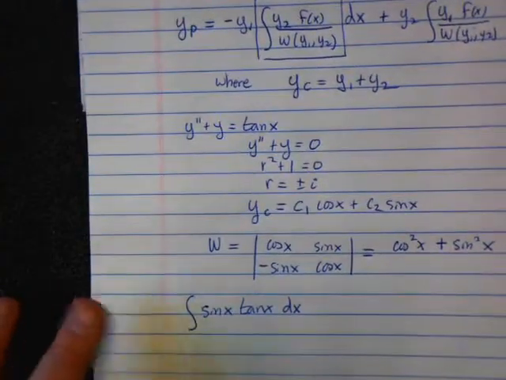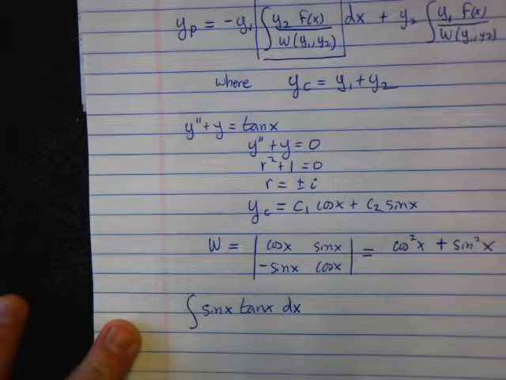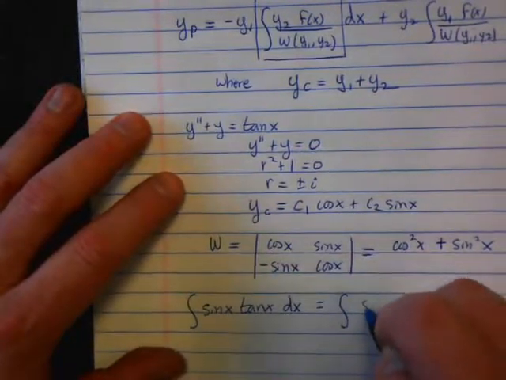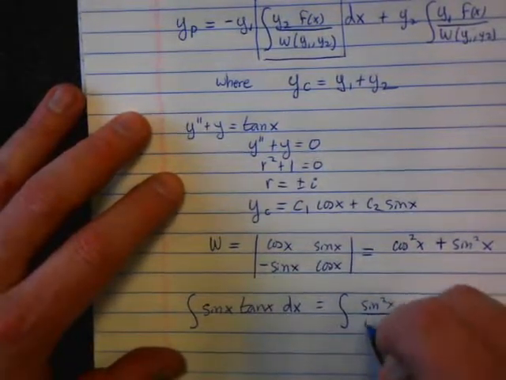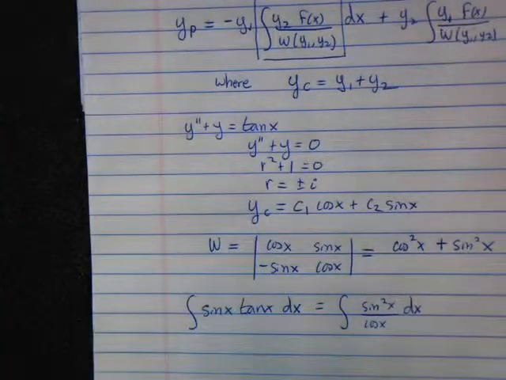Can you make it sine squared over cosine and then use u substitution? Yes, we can. I completely agree that that is sine squared x over cosine x, because tangent is sine over cosine.